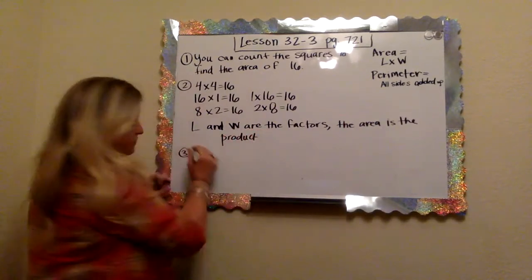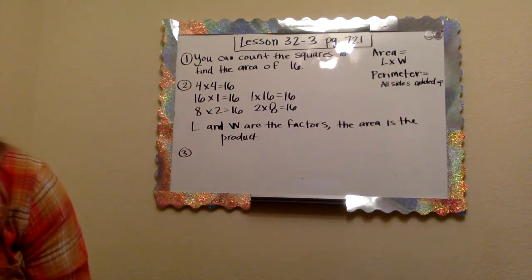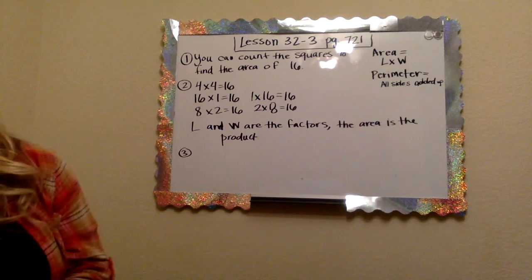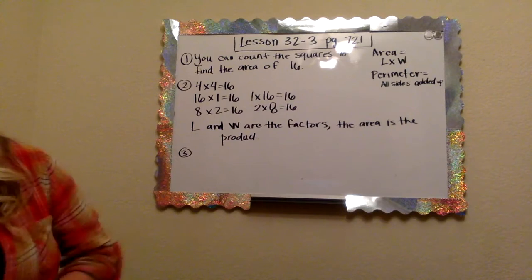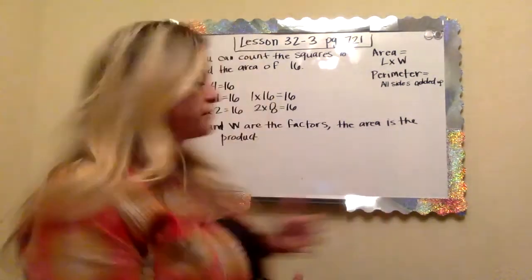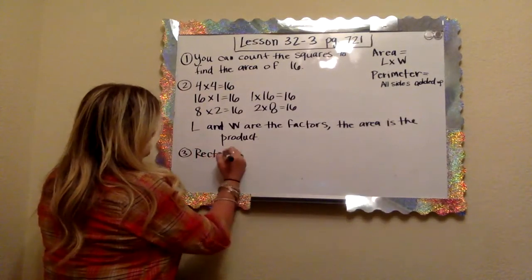Number 3. How can two rectangles have the same area but have different perimeters? Rectangles have different side lengths that can be multiplied to make the same area, but add up to a different perimeter. I'll put something about that.